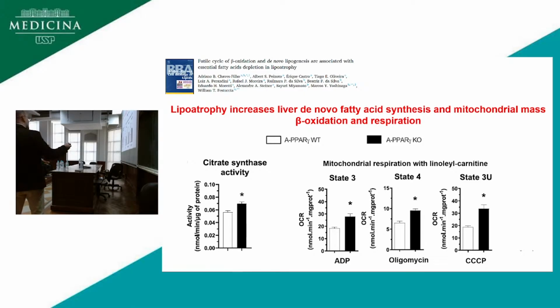We also isolated the mitochondria of the liver of these mice and measured mitochondrial respiration in the presence of linoleoyl, a fatty acid conjugated to carnitine. As you can see here, the lipoatrophic mice show higher rates of fatty acid oxidation and mitochondrial respiration in response to this fatty acid.